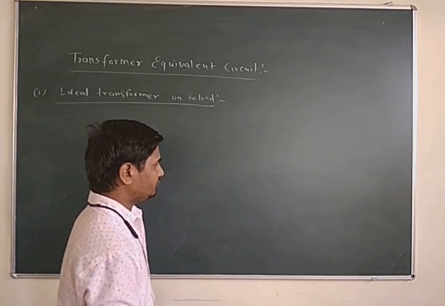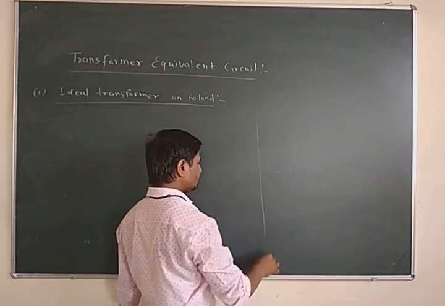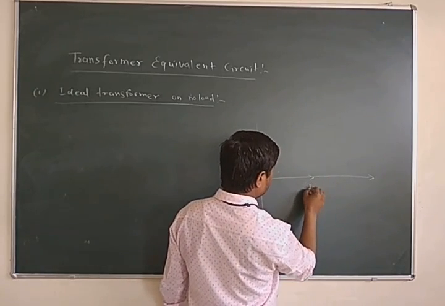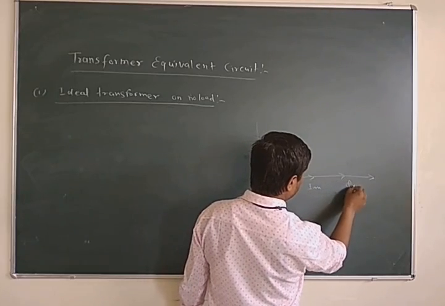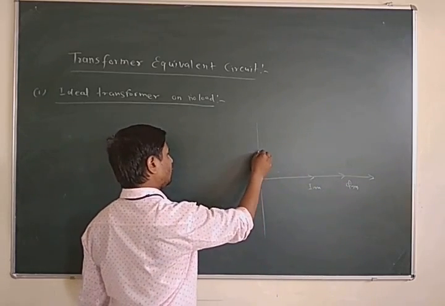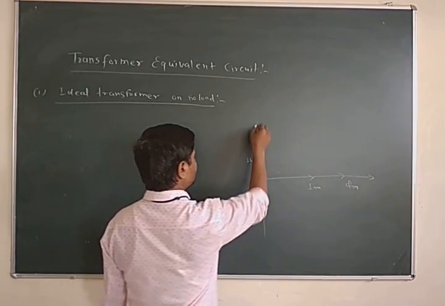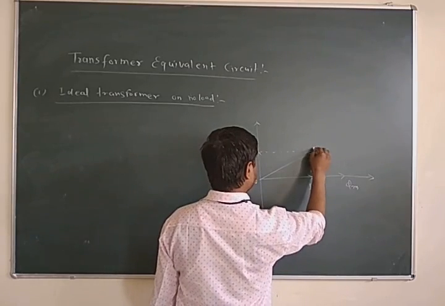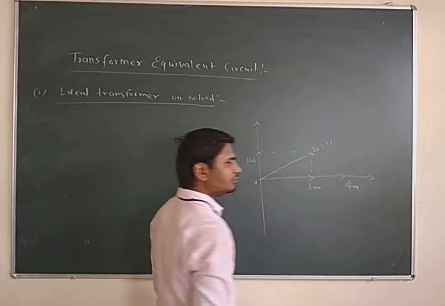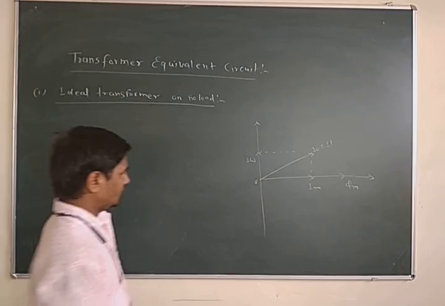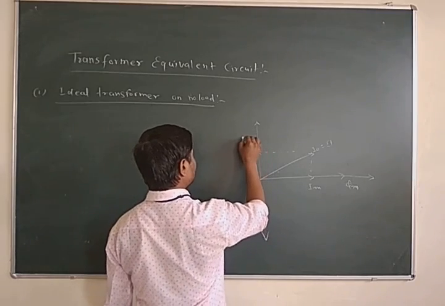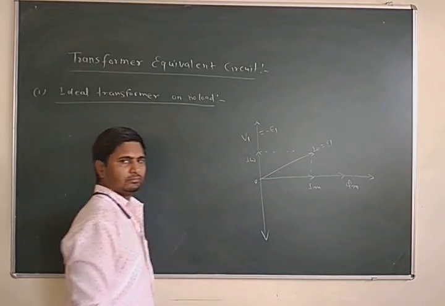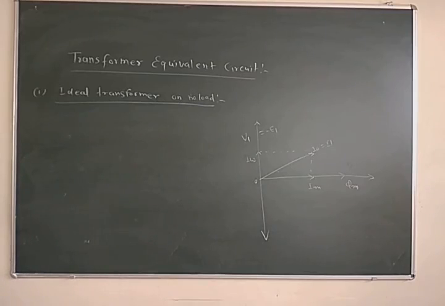Current phasor: IM is in phase with the flux, and IW. The sum of IW plus IM is I0, which is equal to I1. This is V1, which is equal to minus E1, and this is alpha.